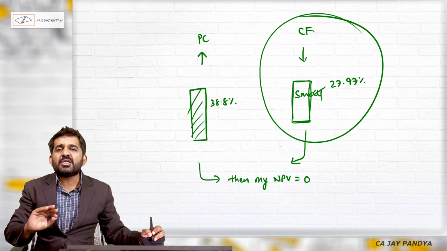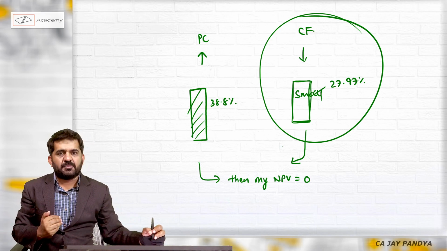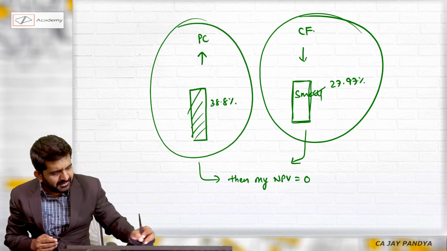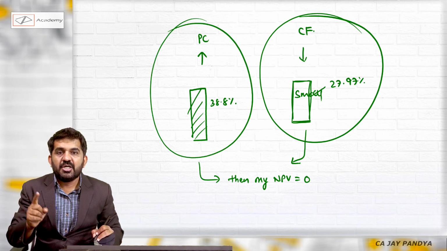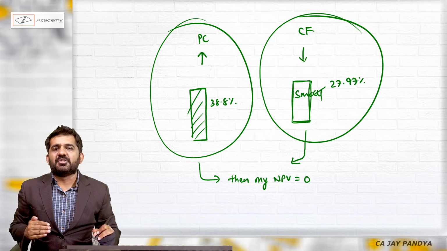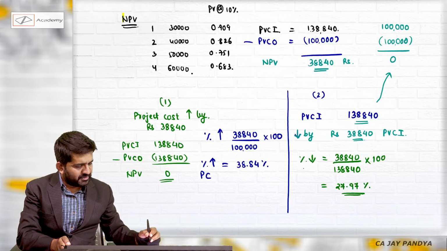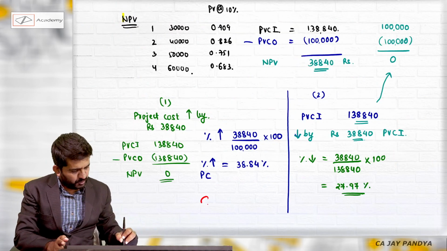Why? Just by the change of 27.97% in cash flow, the NPV is becoming 0. On the other hand, in project cost, 38.8% increase, my NPV is becoming 0. And so cash flows are more sensitive. And so this is an excellent question.